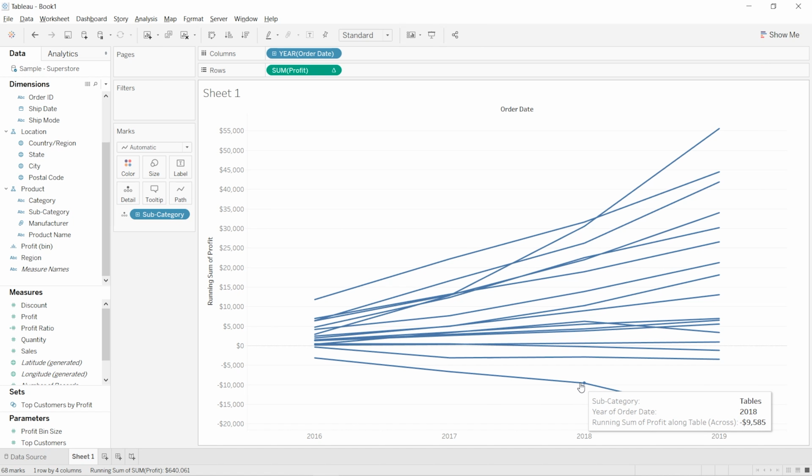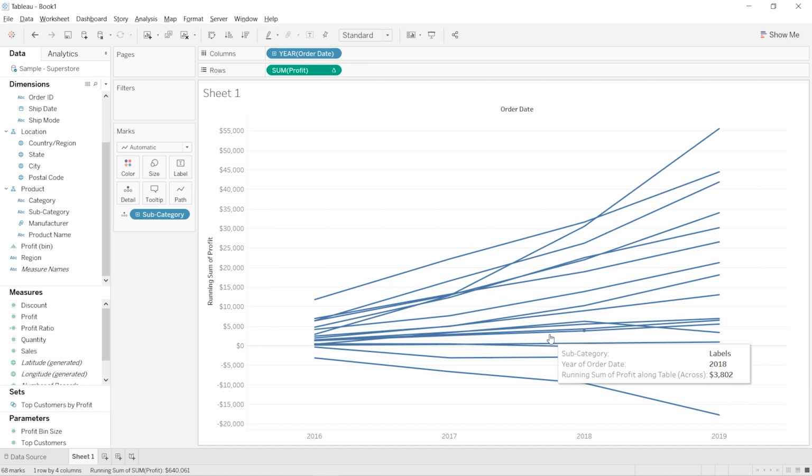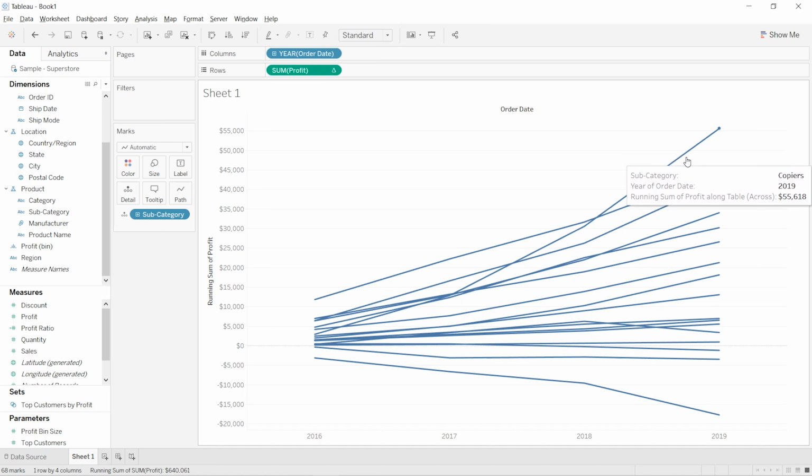Then the profits kept on decreasing one by one. So that's how it is calculated. If we go for these other graphs, there are very slight changes. But if we talk about the copiers subcategory, we do see a large increase in the profits. So that's the use of running total, basically.